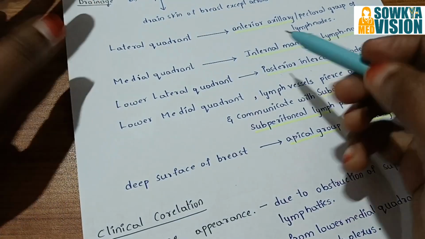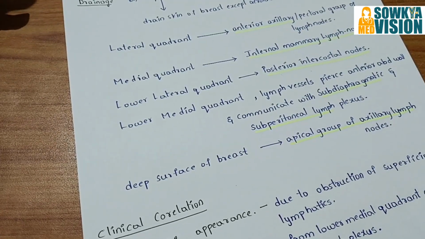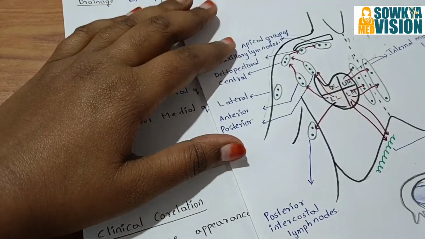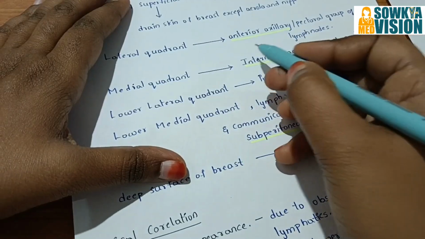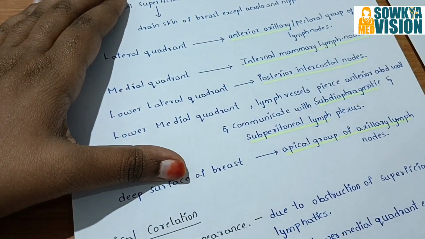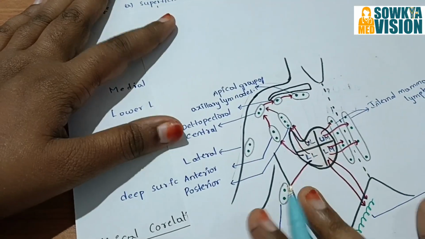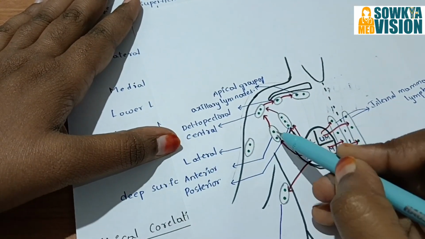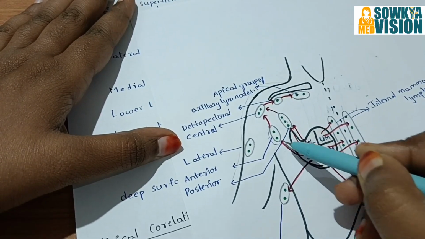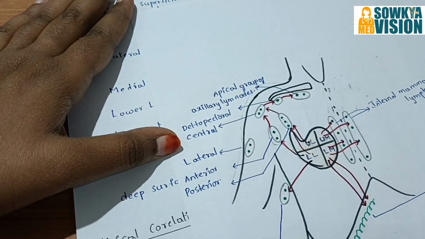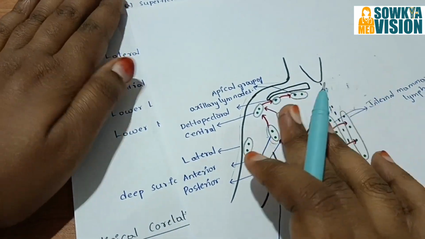Now let's see the lateral quadrant of the breast. The lateral quadrants are drained into the anterior axillary group of lymph nodes.